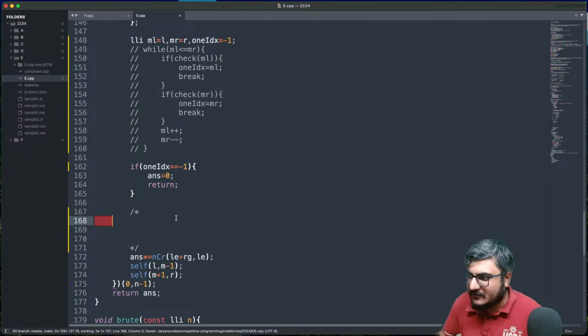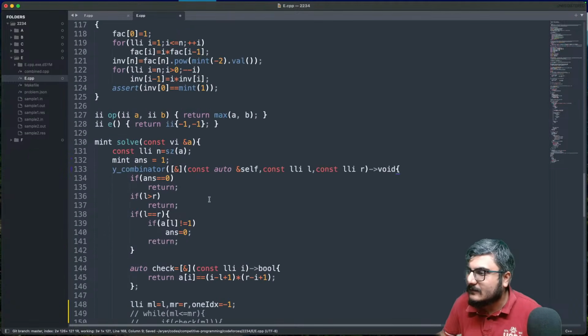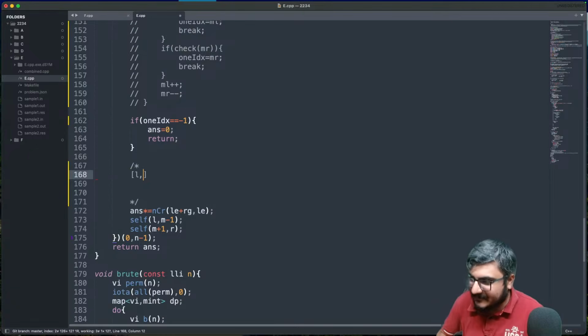I'm solving it for the half, which is some element between L to R. Initially, it would be 0, 1, and then I will find the position of 1.